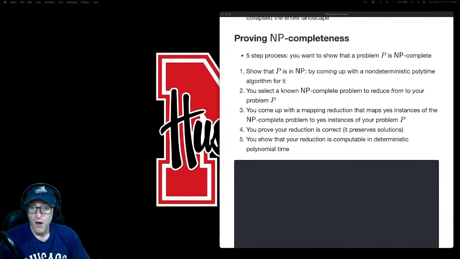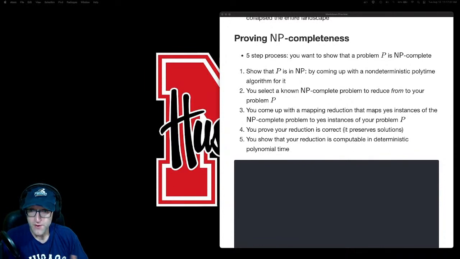Right? Three, you come up with a mapping reduction, like we just defined, that maps yes instances to yes instances. And so we'll understand this idea of a mapping reduction as we take a look at a couple of examples.